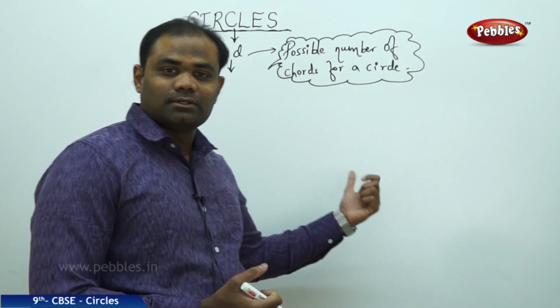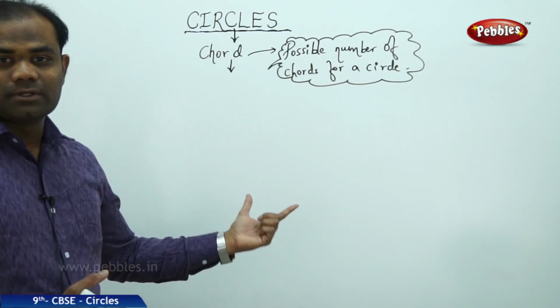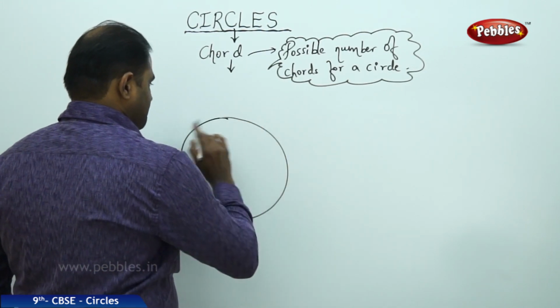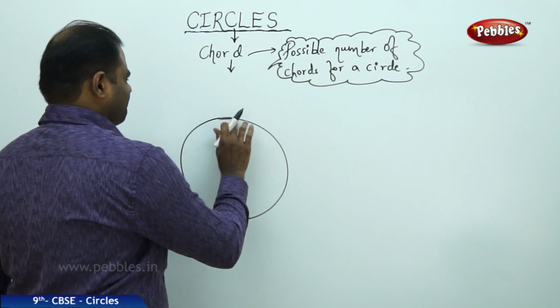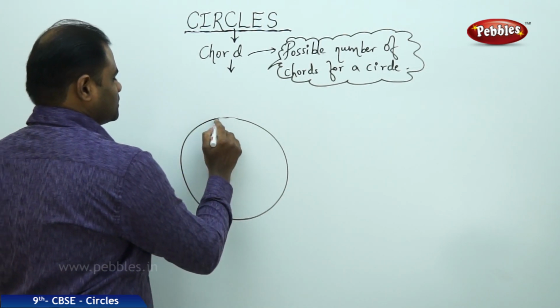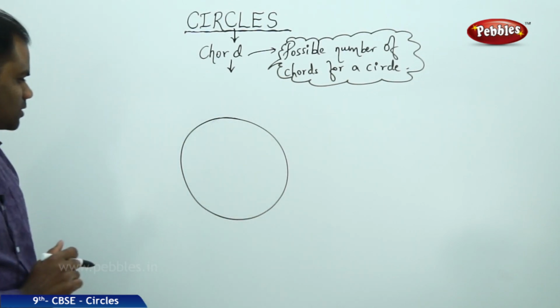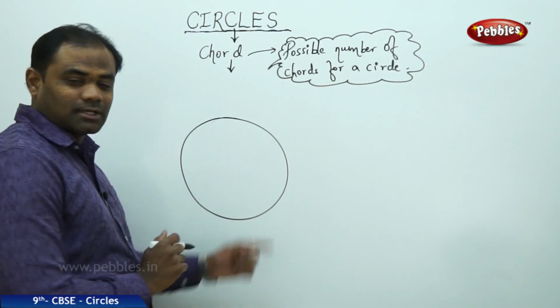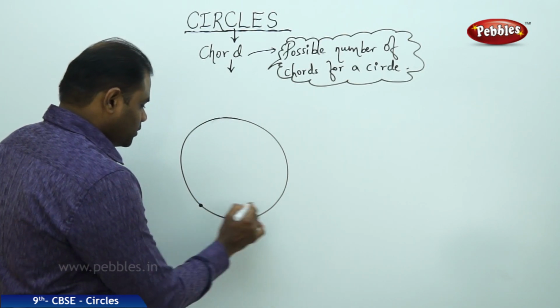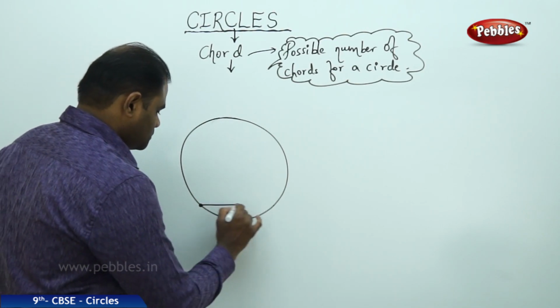So here is the circle. Now for this circle, let me take 2 points out here.